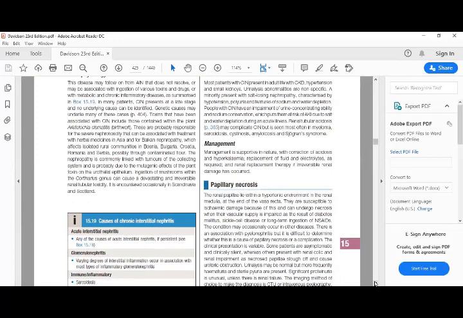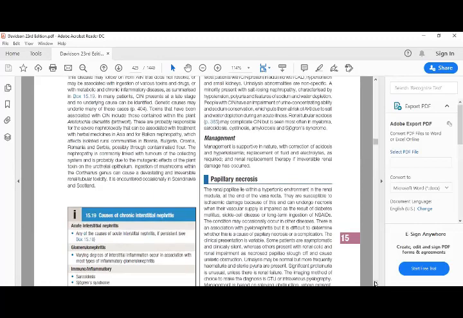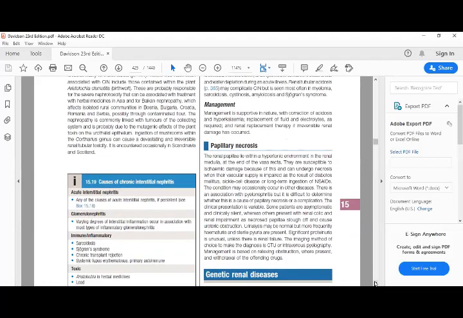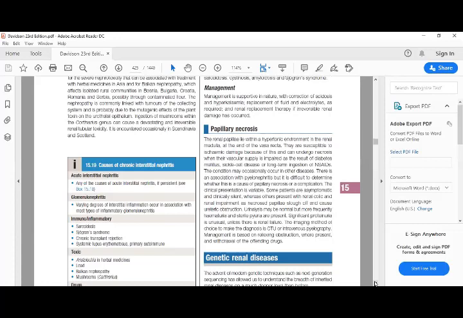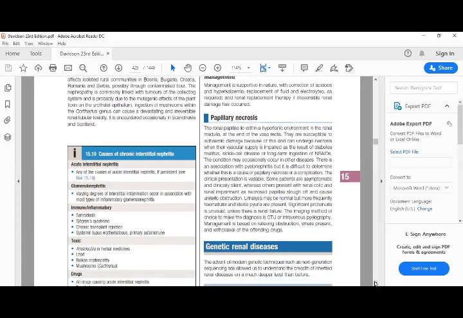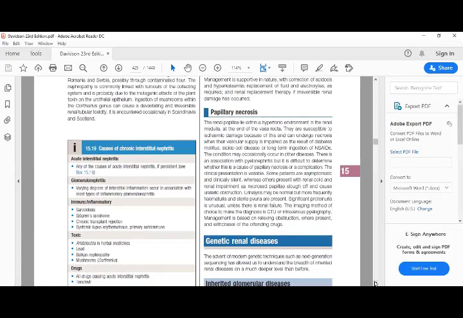Varying degrees of interstitial inflammation occur in association with most types of inflammatory glomerulonephritis. Autoimmune or inflammatory causes include sarcoidosis, Sjogren's syndrome, chronic transplant rejection, systemic lupus erythematosus, and primary autoimmune disease.